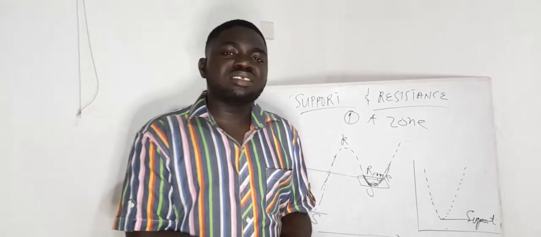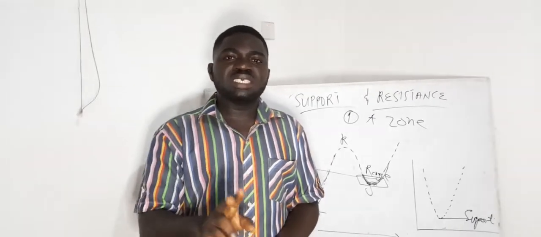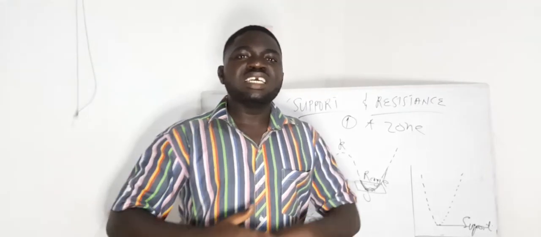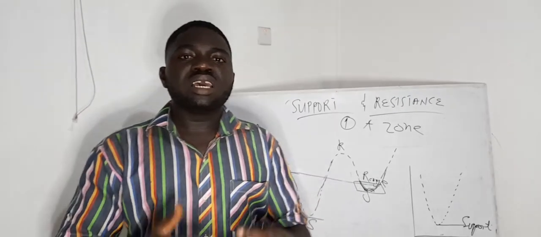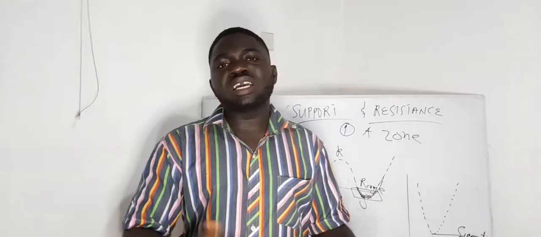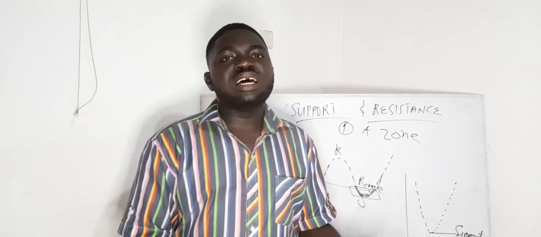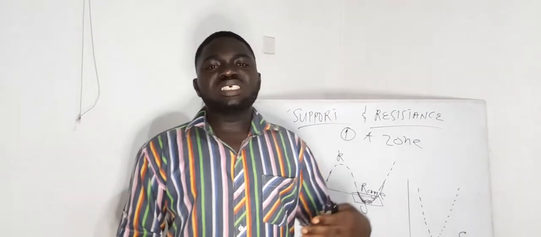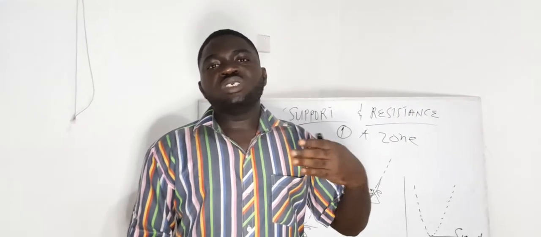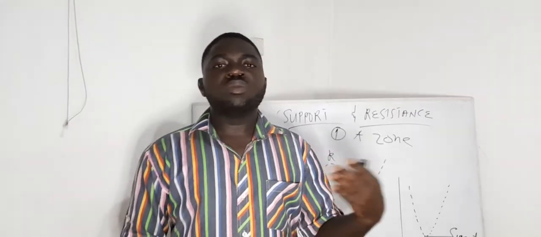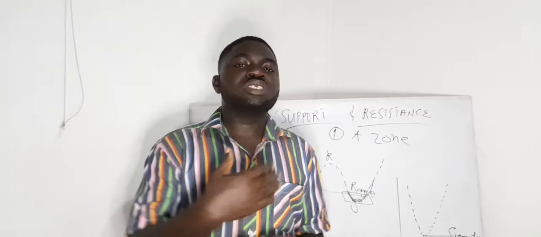And another secret is that it is the psychological importance on which the institutions make economic decisions in relation to their currencies. So you can see that in a higher time frame like the weekly and the daily, when prices get to these levels, you see fundamentals coming up to direct the market to either the downside or the upside.